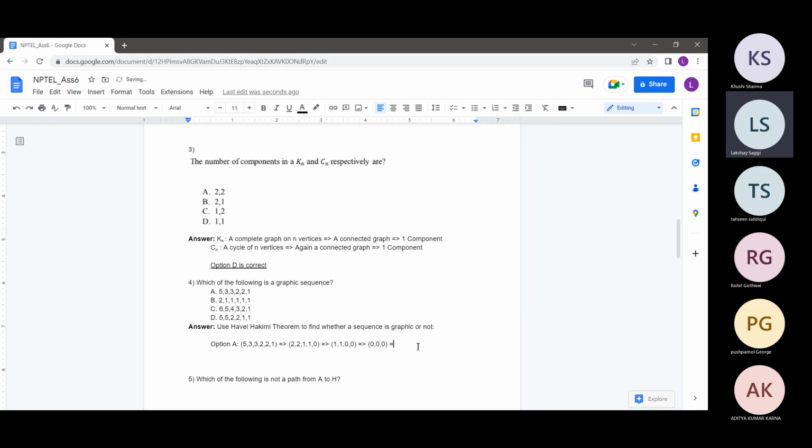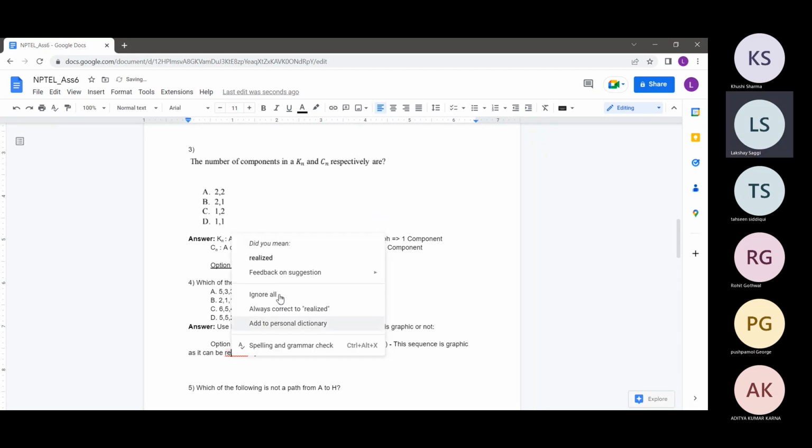Maybe I'll just write it down. This sequence is graphic as it can be realized by 3 isolated vertices.